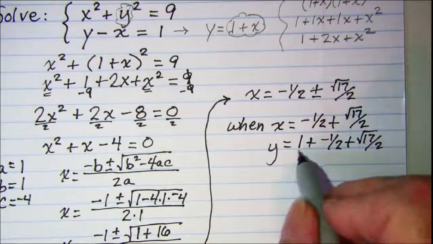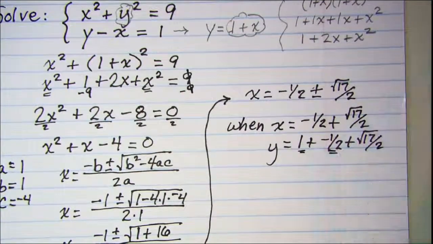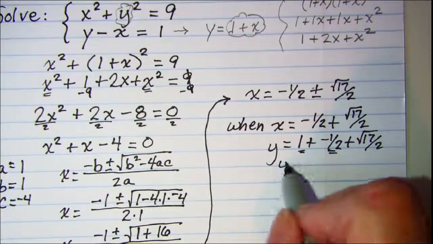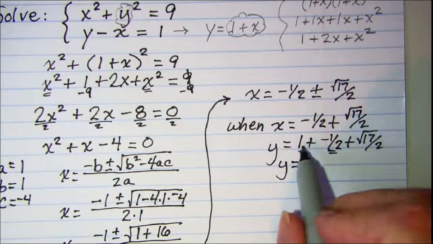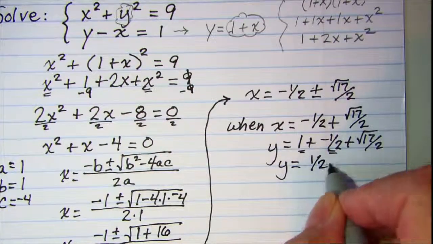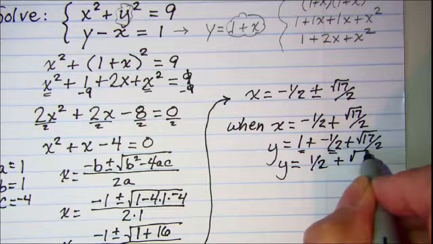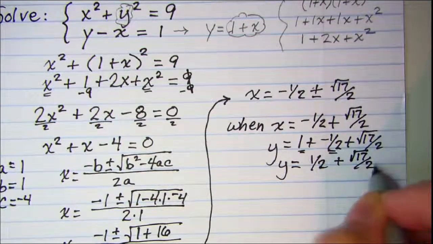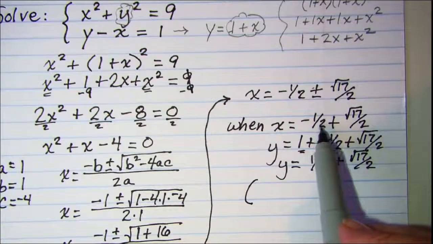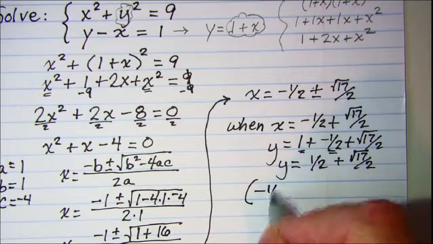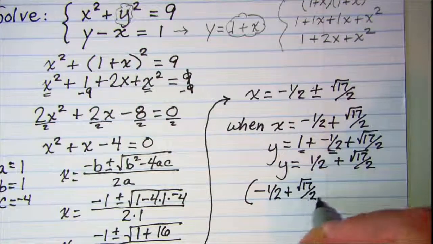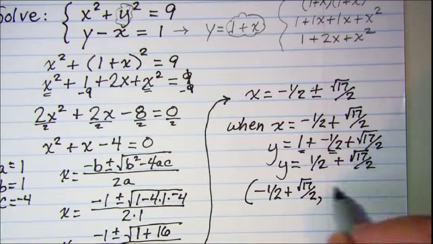We can simplify this just a little by adding those rational numbers together. So y is equal to 1 plus negative 1/2, which is positive 1/2. So one of my ordered pairs is this x value with this y value.